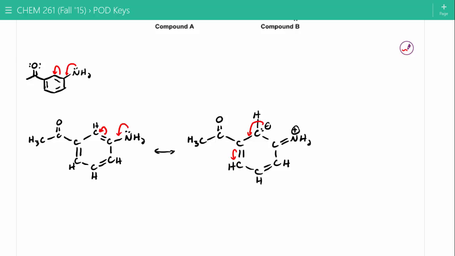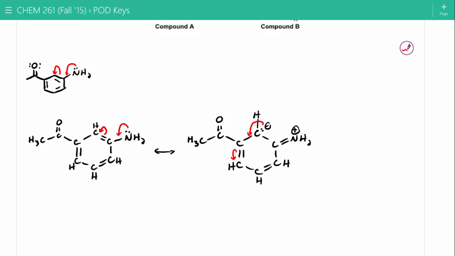Where's that double bond going on the second one? If we look at the second one, this pi bond is moving its electrons onto this carbon. So now this carbon will have the lone pair with a negative charge. And the H is still on there. It doesn't violate the octet rule, right? Because it has one lone pair and three bonded atoms.